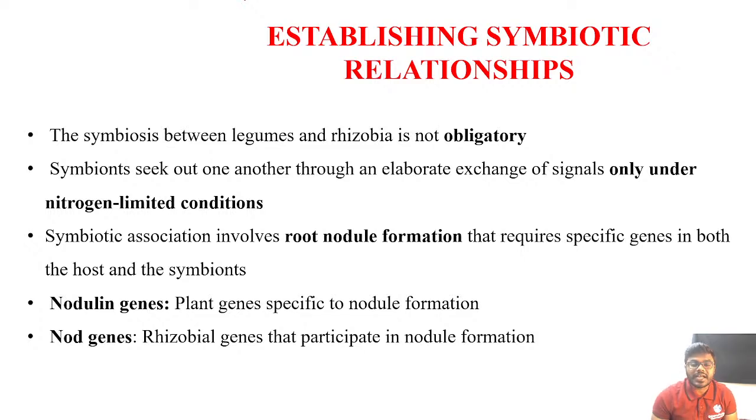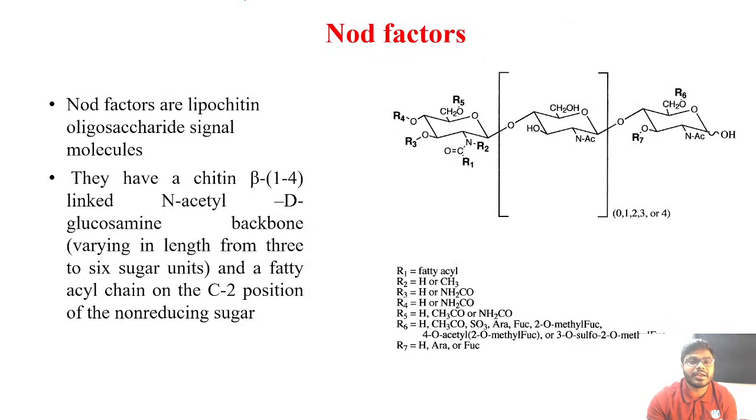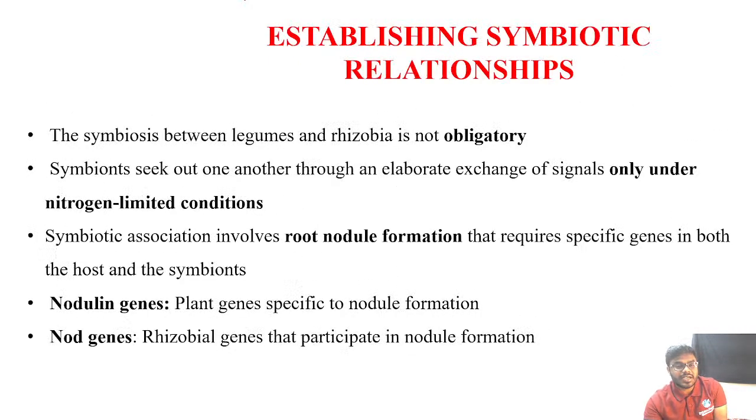Later, we started studying the establishment of the symbiotic relationship, and we understood the types of genes involved. Different types of genes are involved in root nodule formation, majorly nodulin genes and nod genes. We can also call them nod factors.